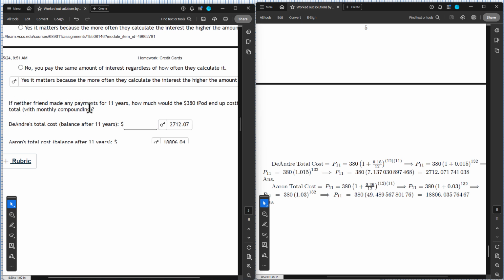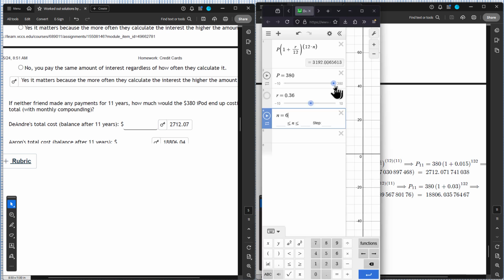So, if neither friend made payments for 11 years, how much would it be? Let's see here. If I pull up my formula chart here, DeAndre is 18%, and for 11 years I end up with $2,712.07, what they have there.